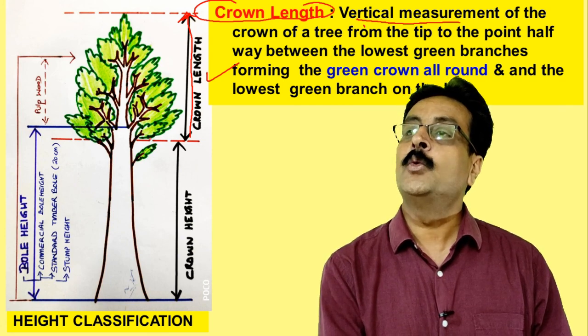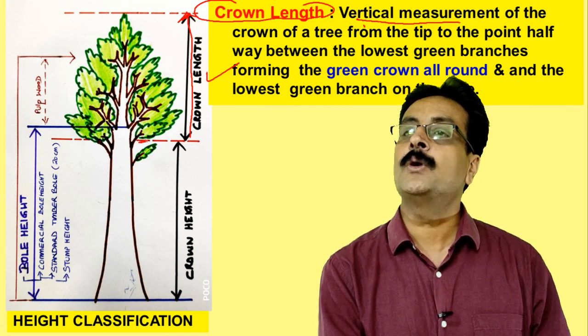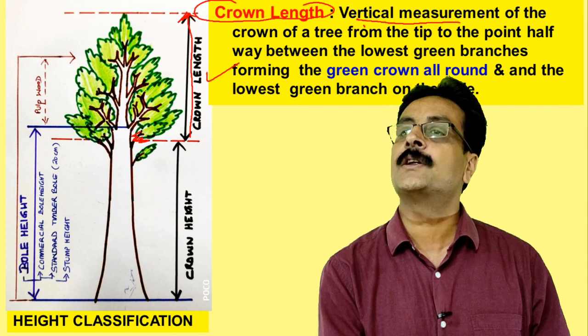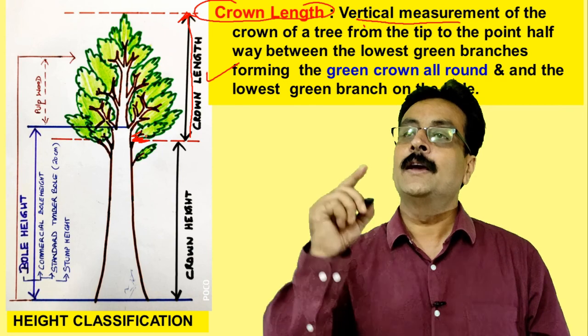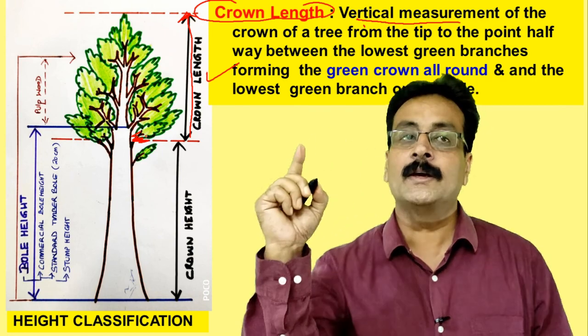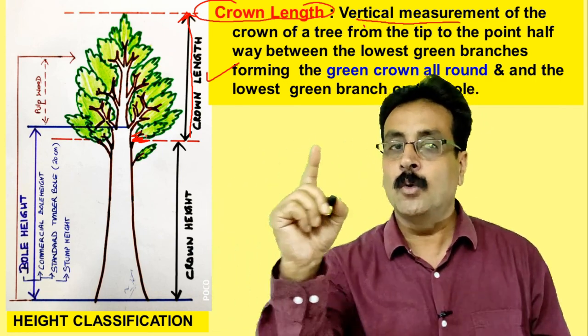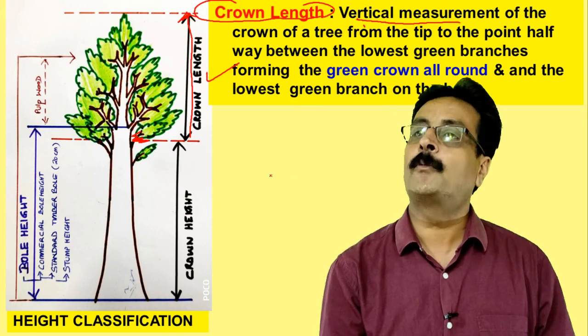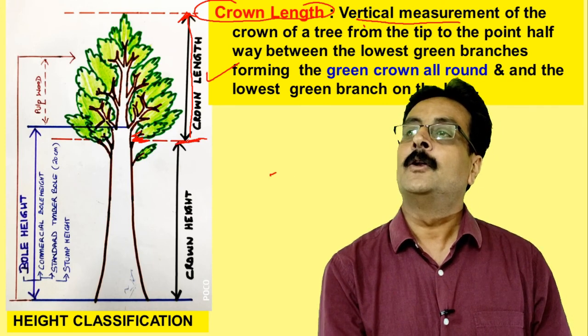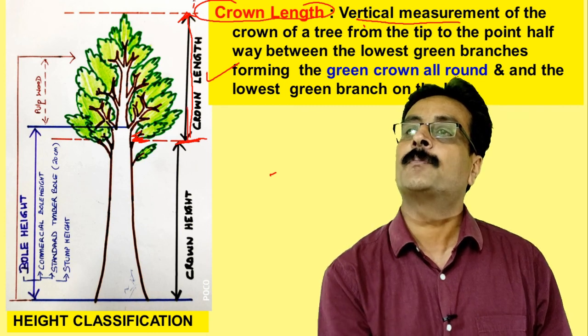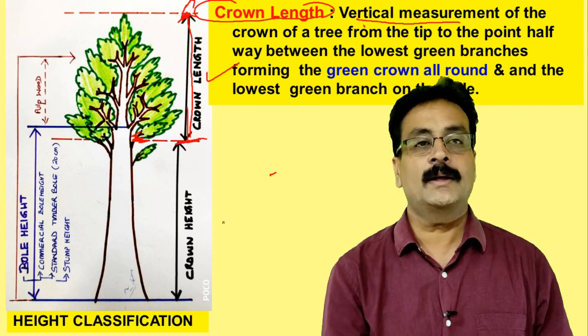It is the lowest green branches, here on the halfway, where the green crown is all around. When the green crown is all around on the lower part, from this lowest green branch up to this tip, we call it crown length.